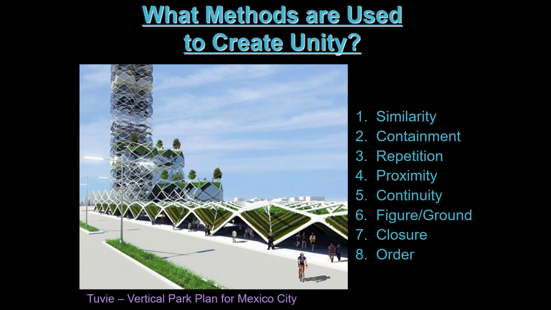Then we have containment. So the silhouette of the building is really what contains it. Those outer lines are very geometric and structured, and that holds this glazing, or very light and airy, more fragile seeming material, all together as one.